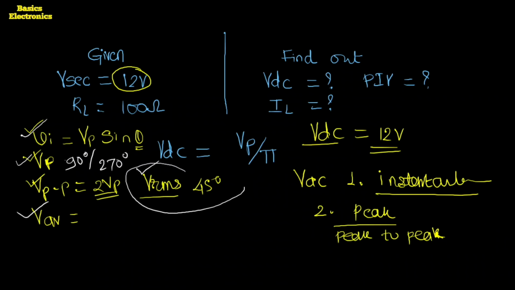Whatever the AC rating is given, the AC rating of the current or the voltage, for example, suppose we are using our smartphone charger, or you can say adapter. This smartphone charger has the input voltage rating given on it.